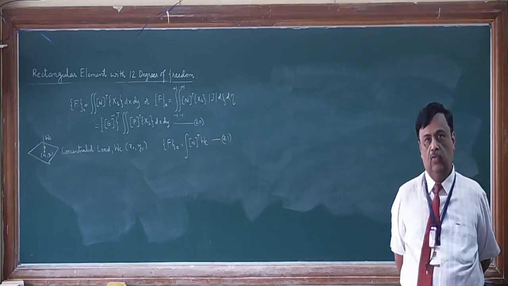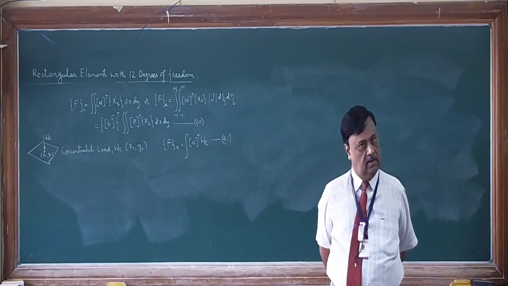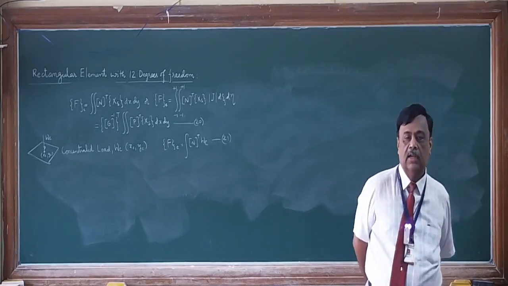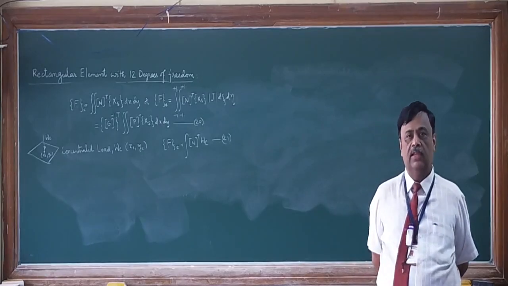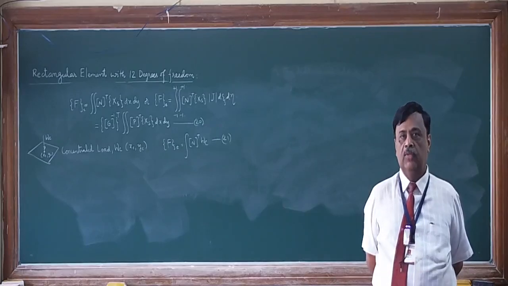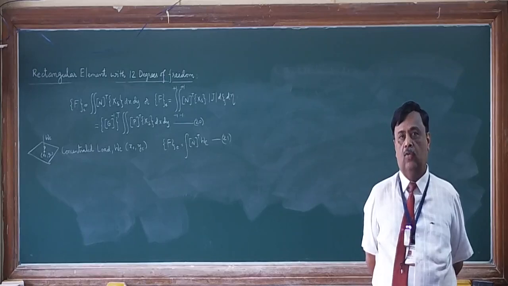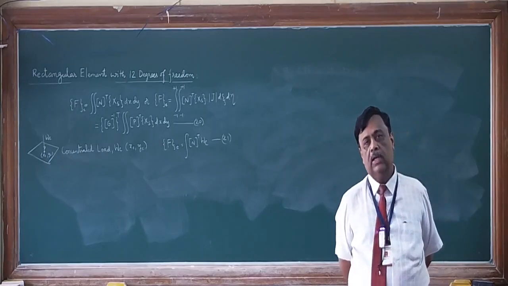See, always you remember that determinate and indeterminate equations what we write. Determinate means what? When you have certain number of unknowns. That is, if you have n number of unknowns, we should have n number of equations. Suppose if I require 4 unknowns, then I should have 4 equations to solve it.